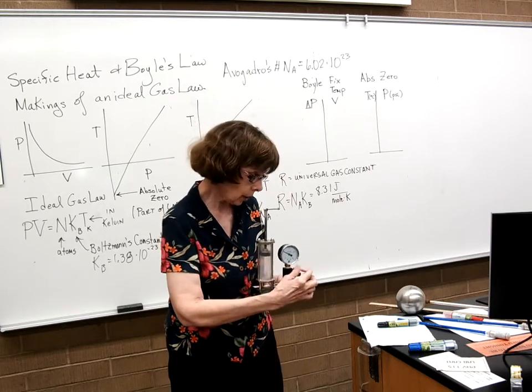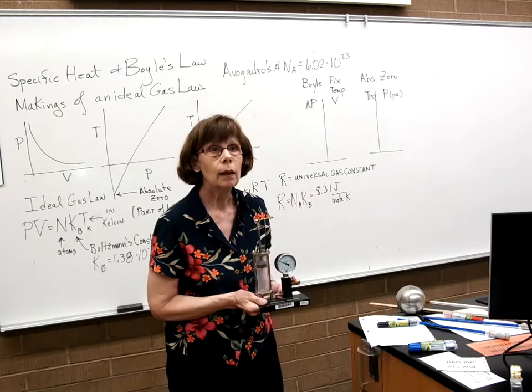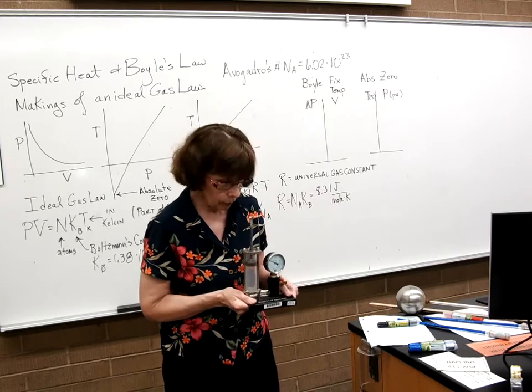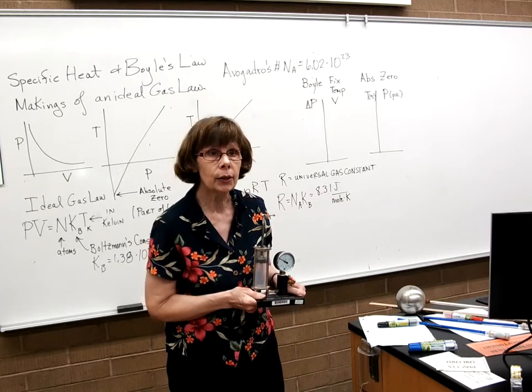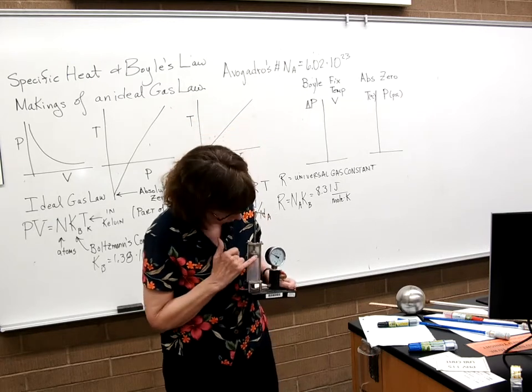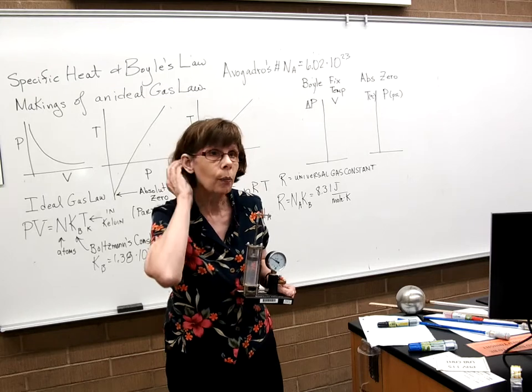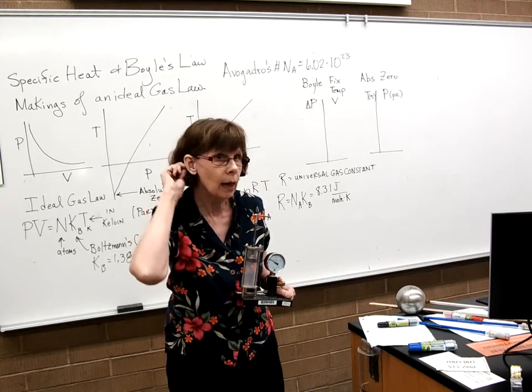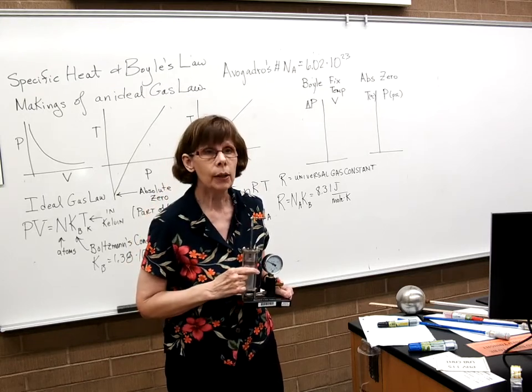When I close it like this, it's sealed from the outside, so if I change the volume, I also change the pressure. And the marks are in kilopascals, 10 kilopascals for every 1 unit on this device.